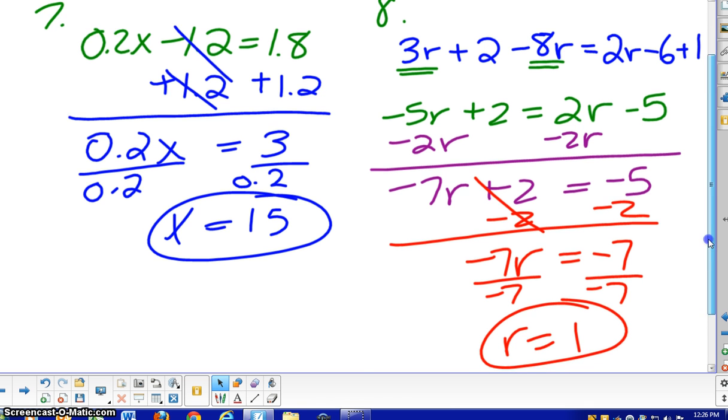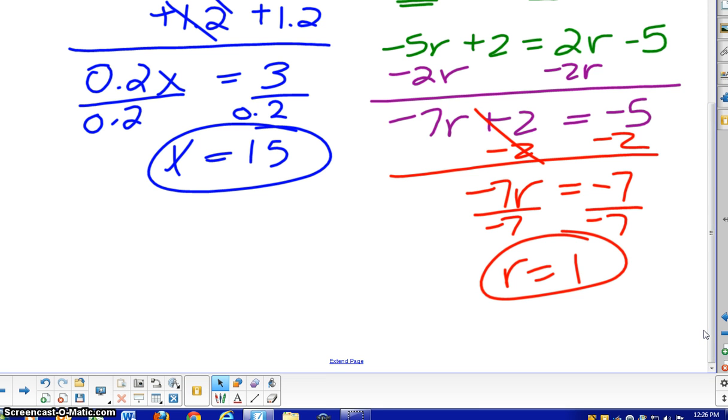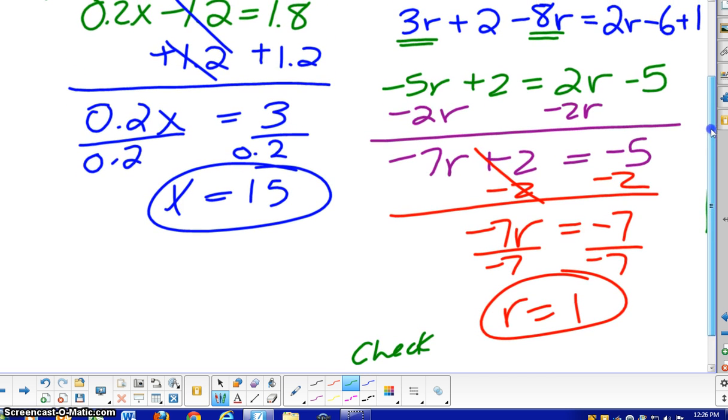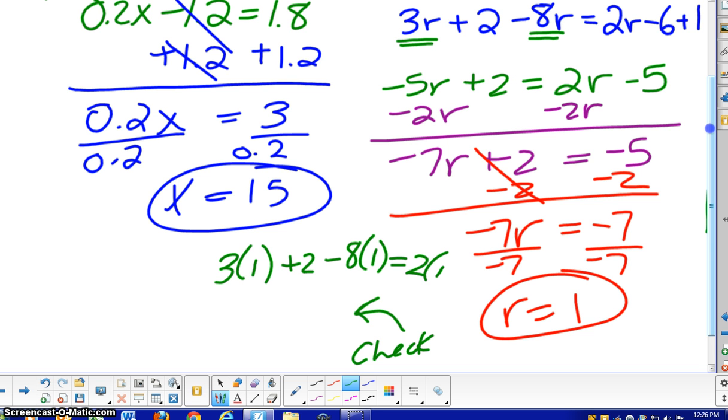Just to emphasize again, checking. If you ever want to check your answer, and this is going to be very helpful for quizzes and tests, you take 1 and you plug it in where you see an r in the original. You have to go all the way to the original. So I'm going to check over here: 3 times 1 plus 2 minus 8 times 1 equals 2 times 1 minus 6 plus 1.